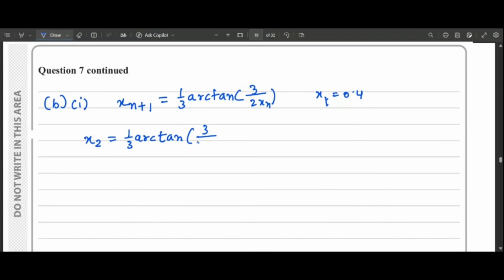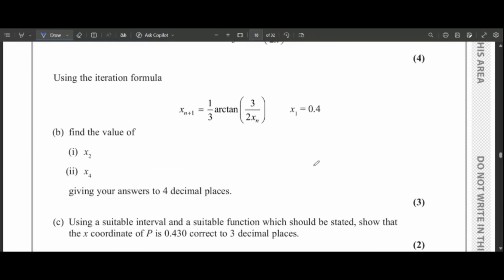So 3 by 2 into 0.4. This will give us 0.436731, and so on, and we will write up to 4 decimal places. So this will be equal to 0.4367.